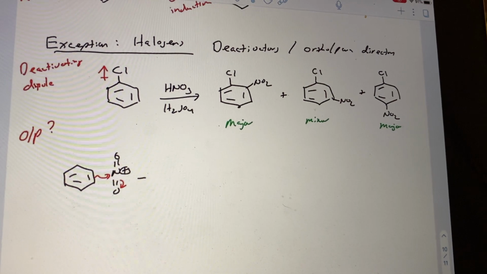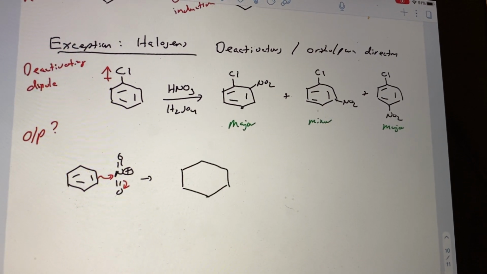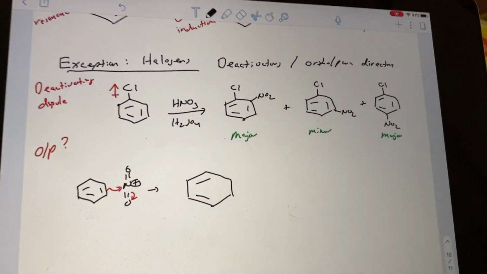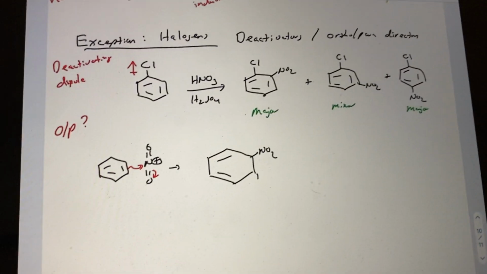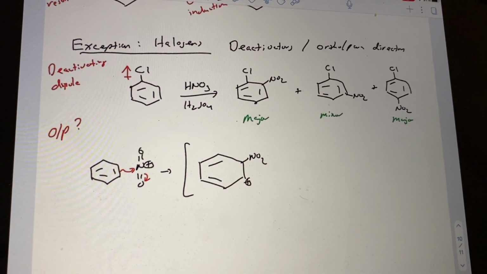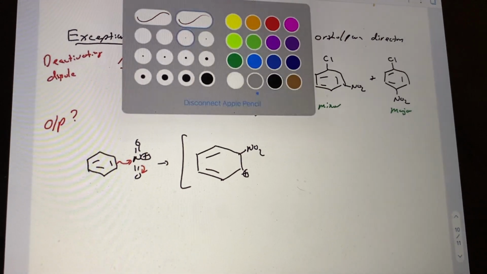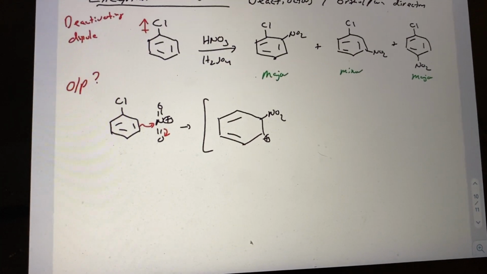Probably should have written this a little bit to the left. We'll make it bigger here. I don't know if they're all going to fit. So we're going to end up having, let's just put the nitro group in our standard spot here. Now we have this arenium ion, our important intermediate, and we can draw resonance structures. And since the whole point here is to talk about the chloro, let's include that.